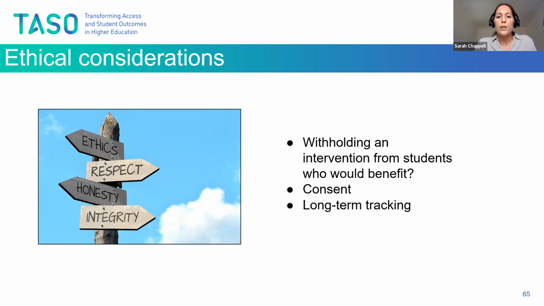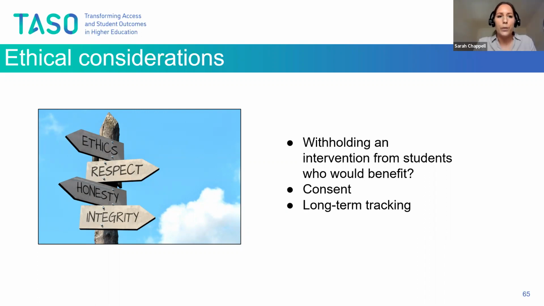But what's really important as well is that students are aware they're taking part in an RCT. Obviously, we know that can cause issues that Ray mentioned earlier, in terms of students being aware and maybe behaving differently, but we need to make sure that students are aware that this RCT is happening and what it means for them.